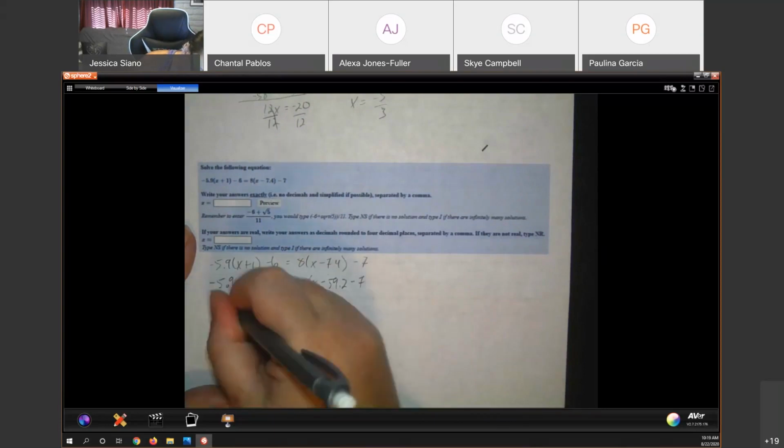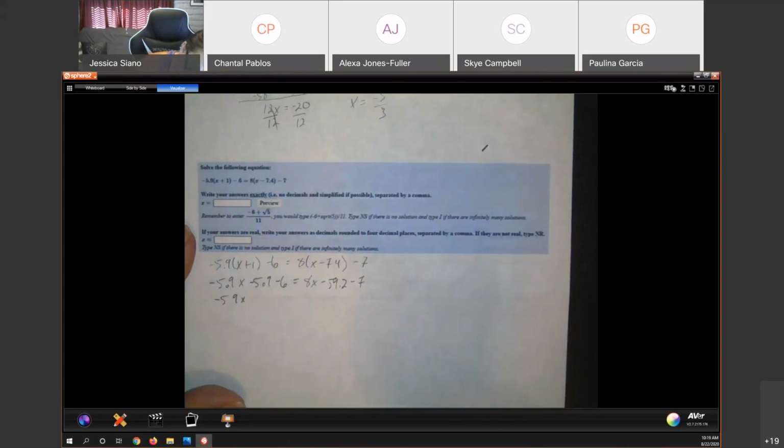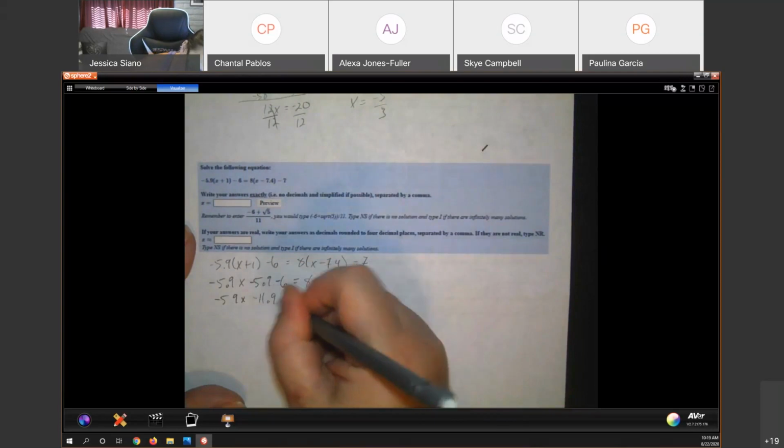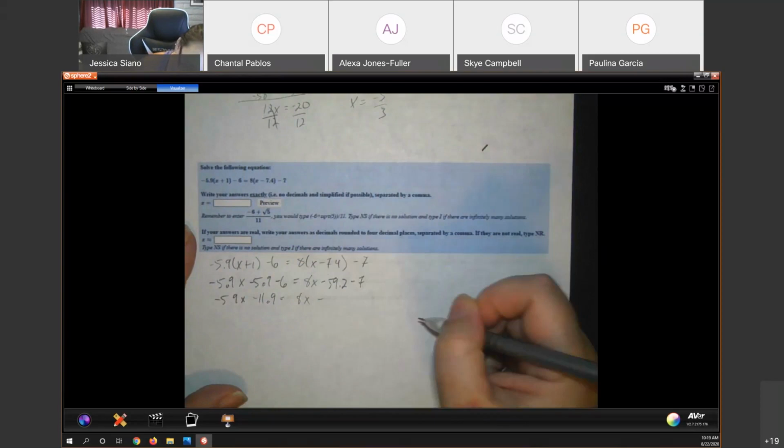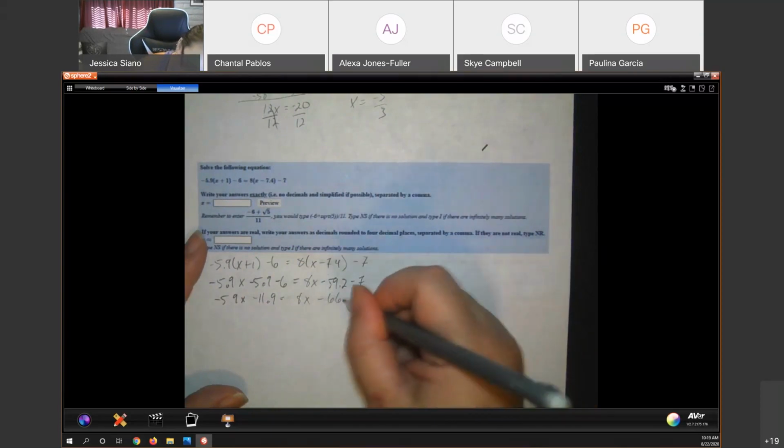So that's going to be negative 5.9x and then minus 11.9, 8x minus 66.2.